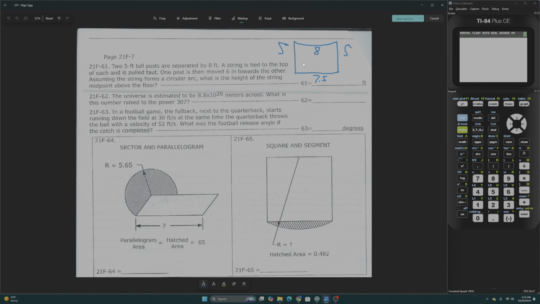And we're having to find this height right here. Well, this is going to be very interesting. I don't know, what would the radius be of that?